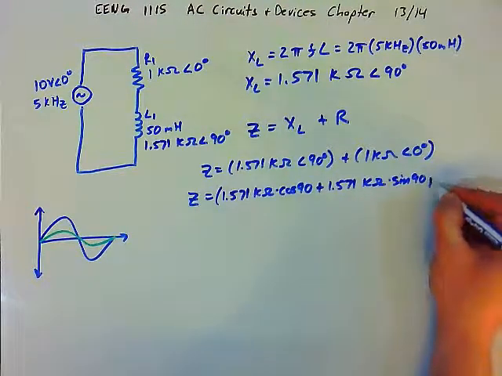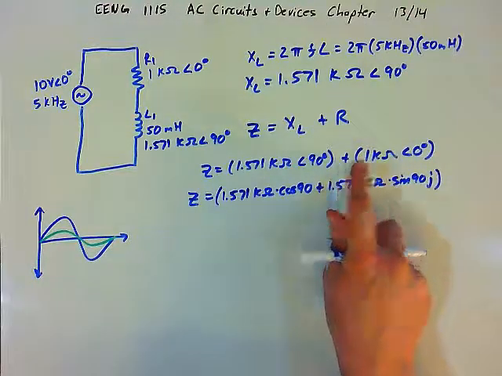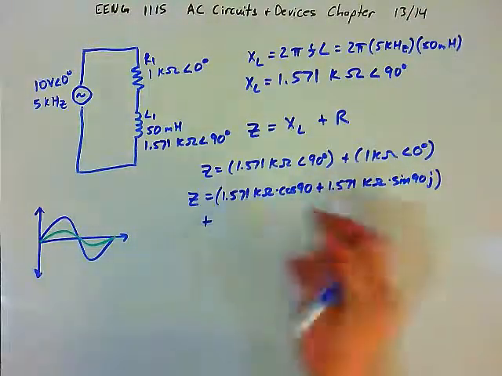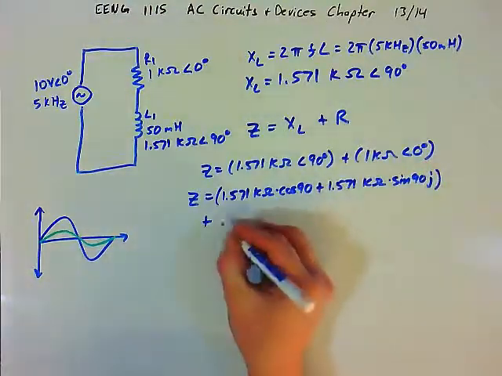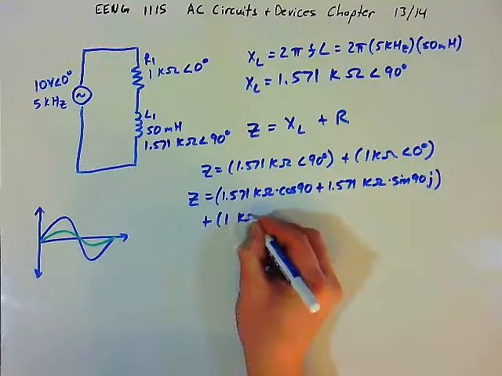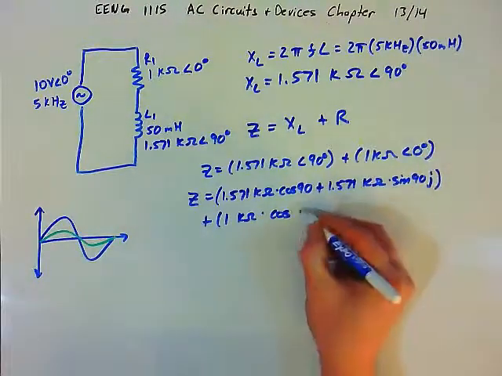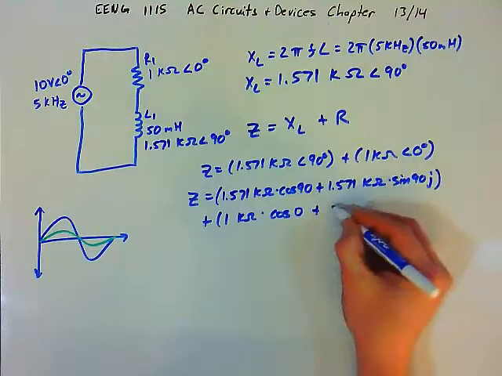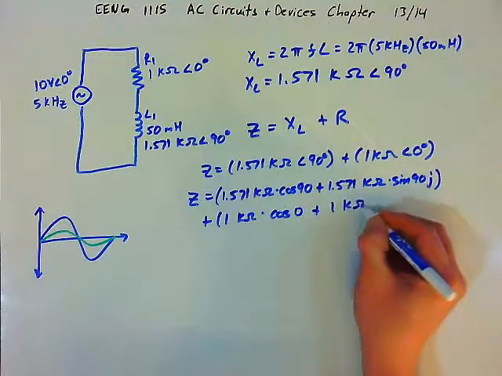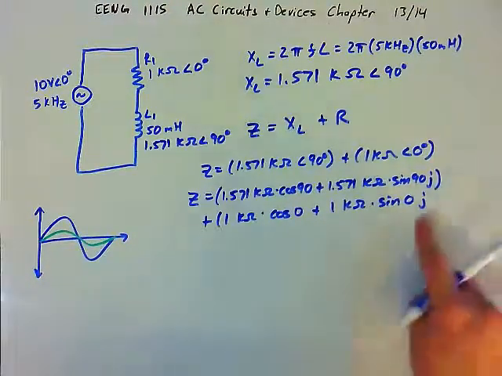And that'll be the J component of this vector. And then we're adding the resistance. Same thing, magnitude times the cosine of the angle. So 1 kilo ohm times the cosine of 0 degrees plus magnitude 1 kilo ohm times the sine of 0 degrees. And again, this will be the J component.